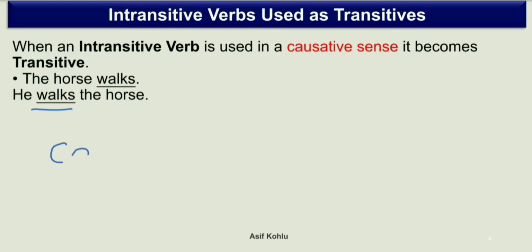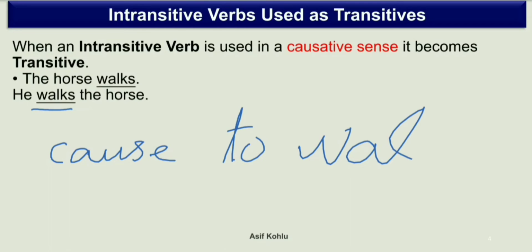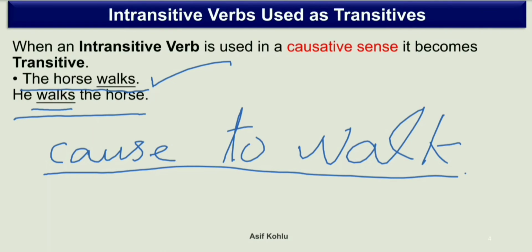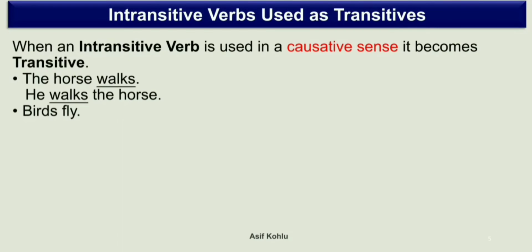As in the first sentence it is used as an intransitive verb, but in the second sentence the intransitive verb is used as a transitive verb, and it has caused someone or something to walk.